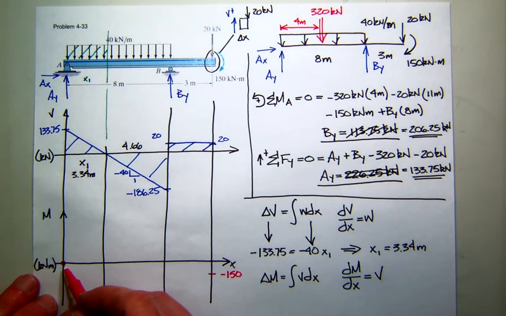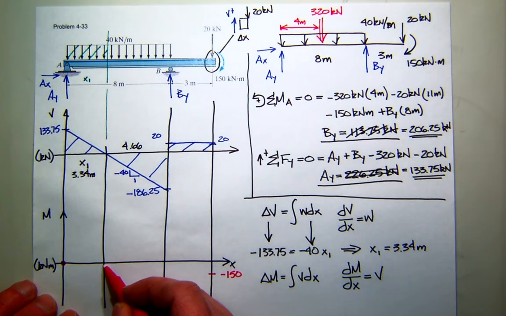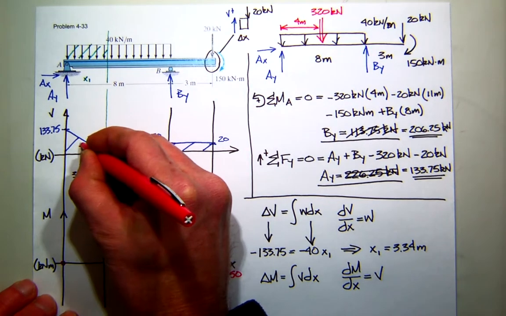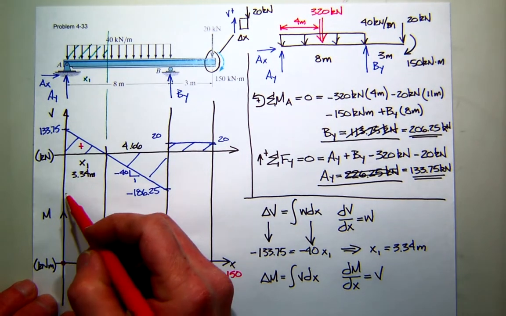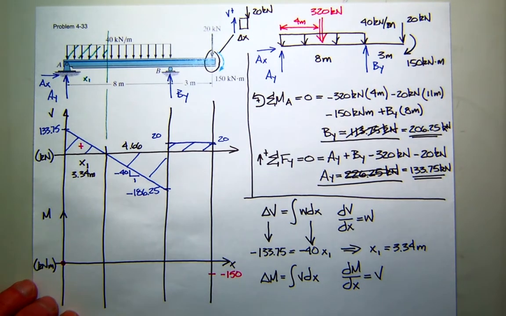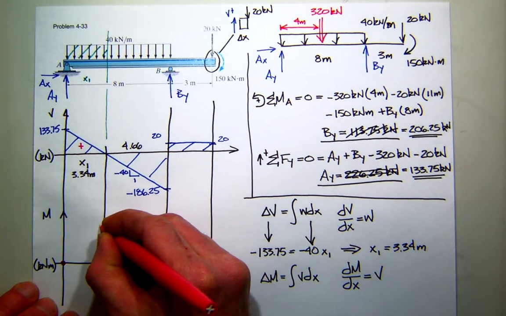The change in moment from 0 to 3.33 meters is the area under this part of the curve, which looks to me positive, and it's a triangle, so 1/2 base times height. 223.4. Does anybody else get that? Just to check. Sounds reasonable. Yes?